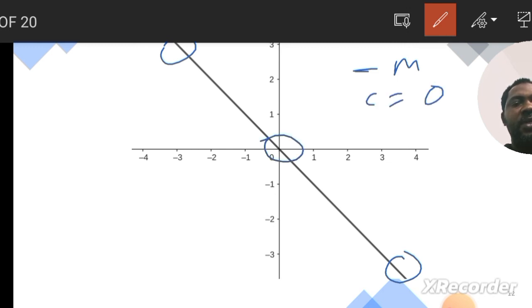Why? Because it is passing through the origin. So this graph here is y equal to negative mx. There is no c there because the graph passes through the origin. I want you to observe the differences between the graphs. That is very important for what we are going to achieve in this video.